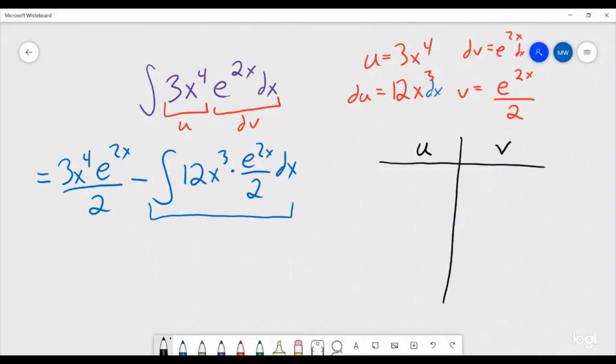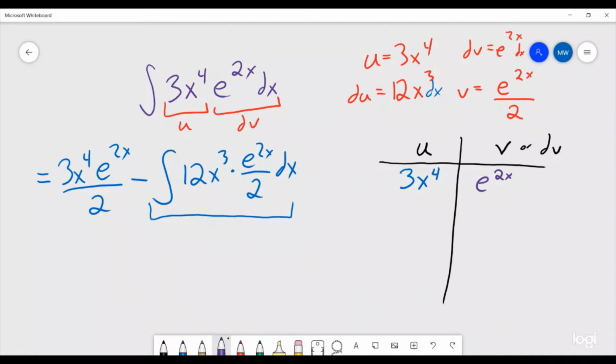Sometimes I see people do it as dv. So what we are going to do is put what our choice for u was in our first column. So that was 3x to the fourth, and our choice for dv was e to the 2x dx.